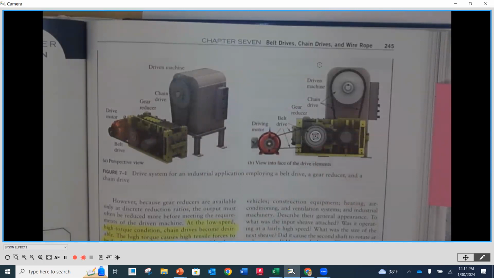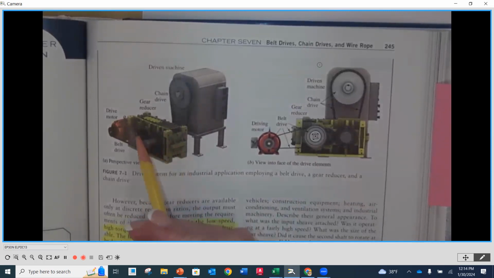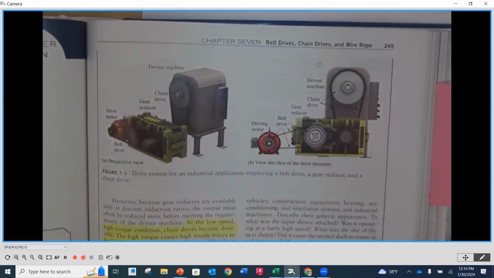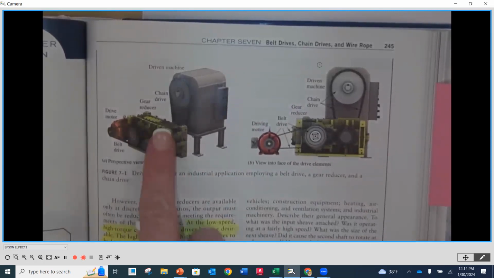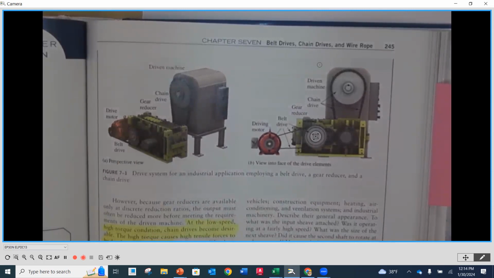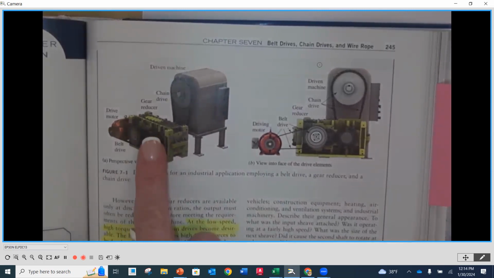And this drive system is made up of 3 different types of drives, okay? One of which we've already talked about. So this green portion in the middle, this is an enclosed gearbox, okay? So we already talked about gears. So that's one of the power transmission elements or the drive system elements that we have here.